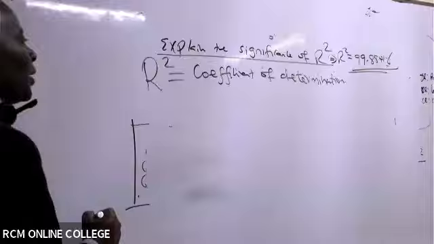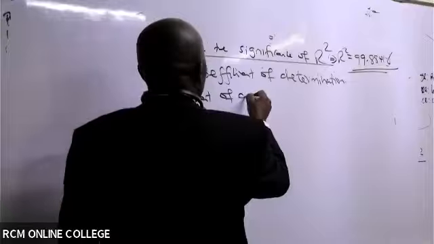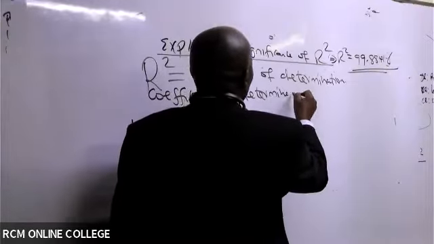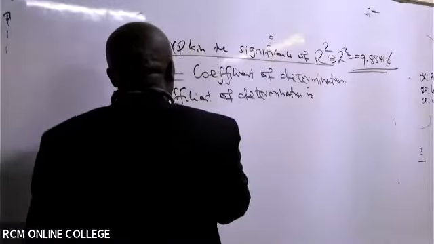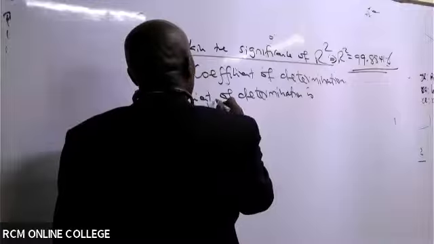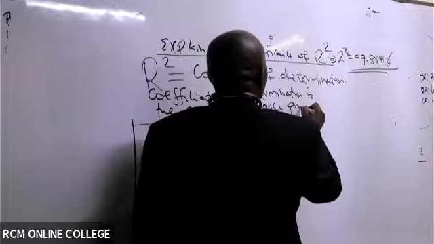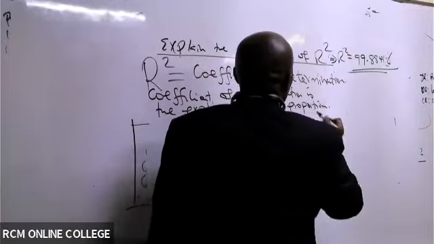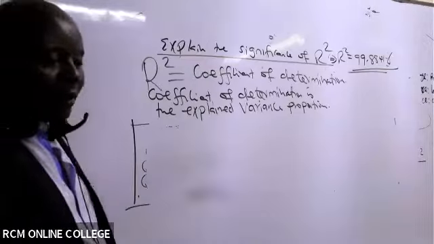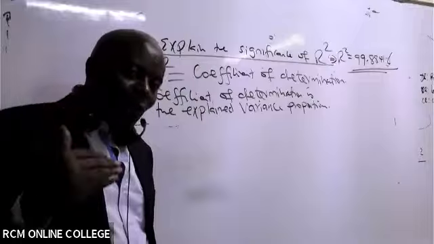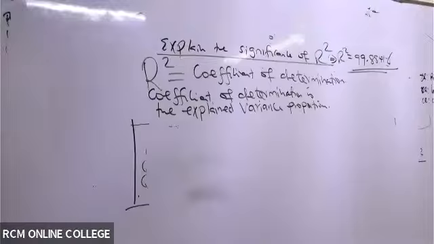And if you remember very well, the coefficient of determination is the explained variance proportion.